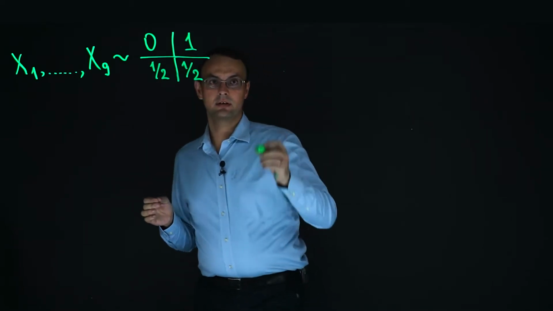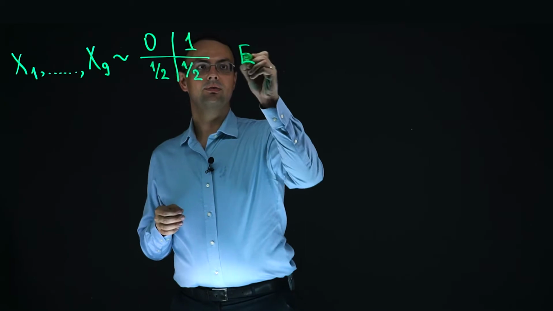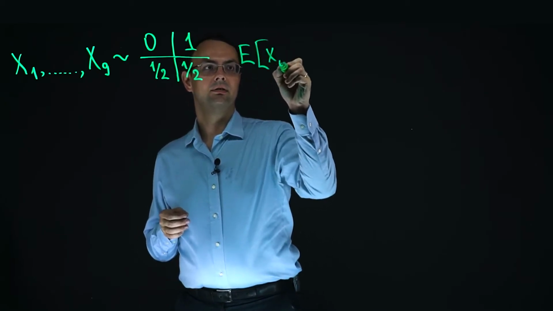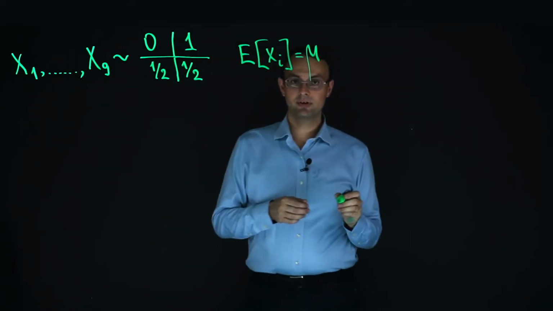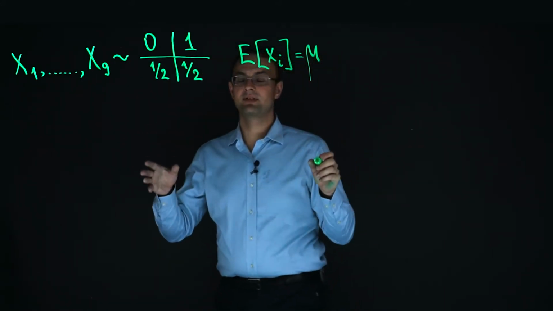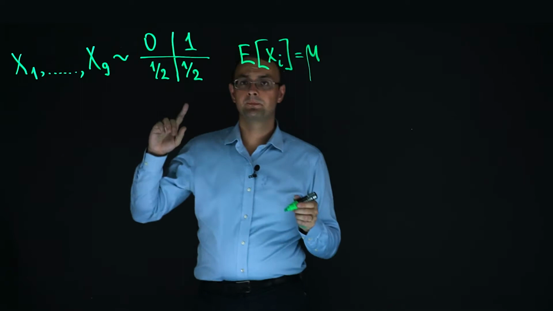And E of xi is equal to mu, and we want to estimate this mu. Actually, no, that's wrong.